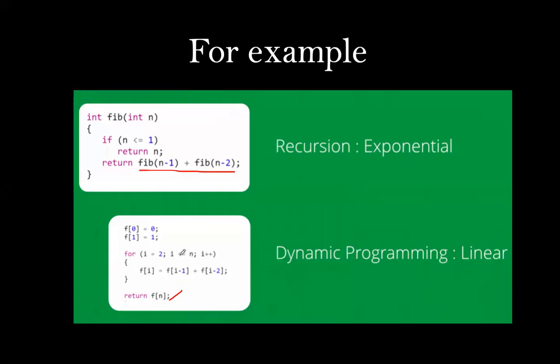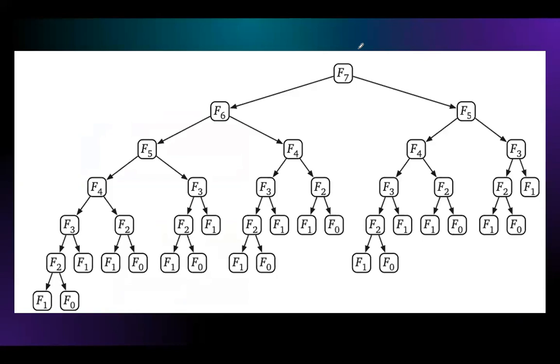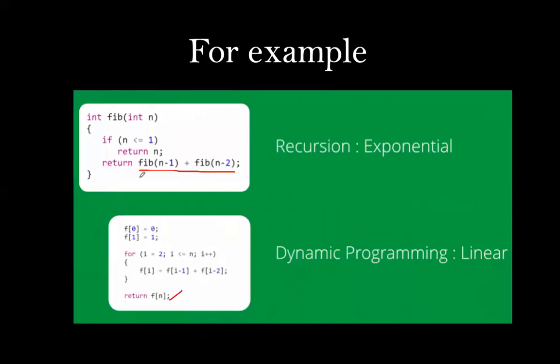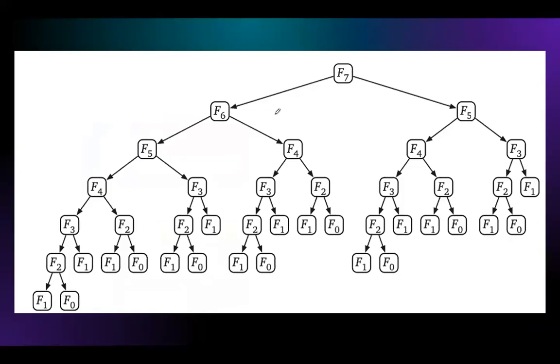How it will improve, I will just show with an example. Fib of 7. I need to find fib of 7. So first it will call fib of 6 plus fib of 5. I'm talking about the Fibonacci recursive function here. Fib of 7 means it will call fib of 6 and fib of 5, and it will go on calling. I have written the recursive tree. So if you call fib of 6, it will call fib of 5 and fib of 4.